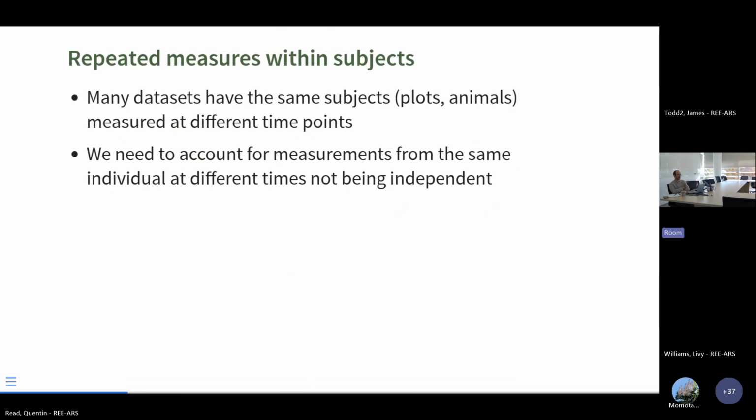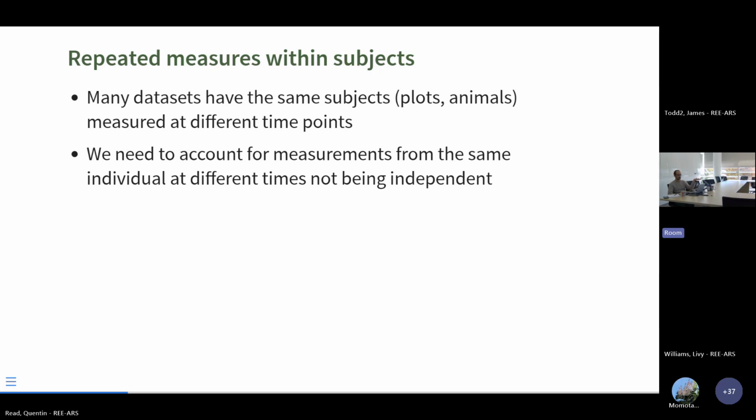People have probably heard the term repeated measures a lot. That's a situation where you can have time dependence. If you repeatedly measure the same subject, the same experimental unit, whether it is a plot or an organism or animal, at different time points, those measurements are not independent.